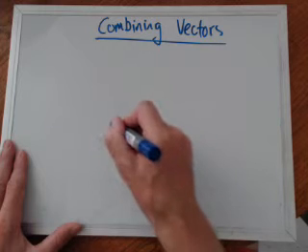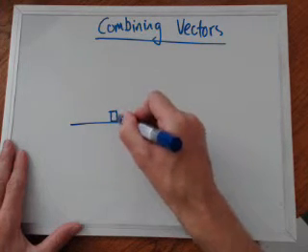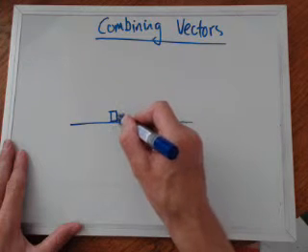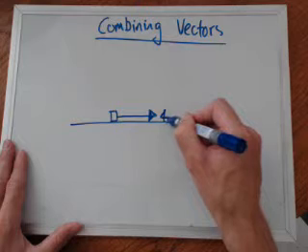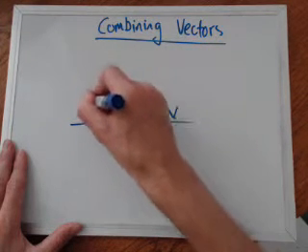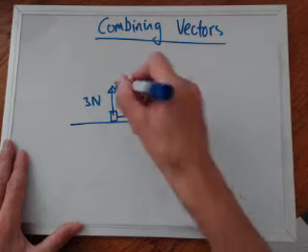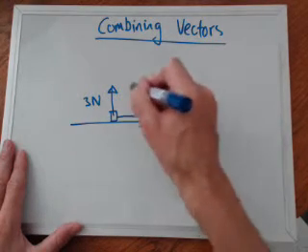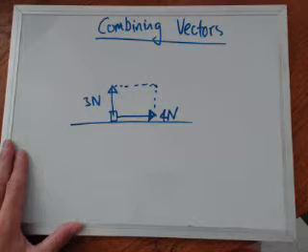So, for instance, here's the floor and an object, and this time we'll apply a force of 4 newtons to the horizontal and 3 newtons to the vertical. Again, we can draw 4 then up 3. In this case it's a rectangle, but that is a subset of what we had before, which was a parallelogram.